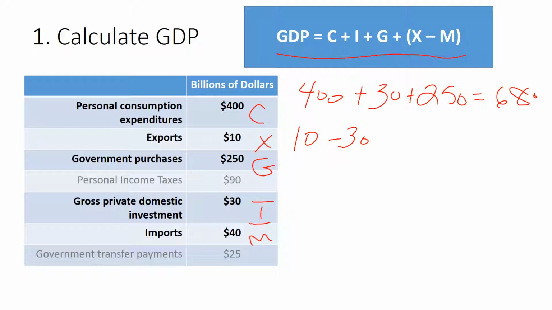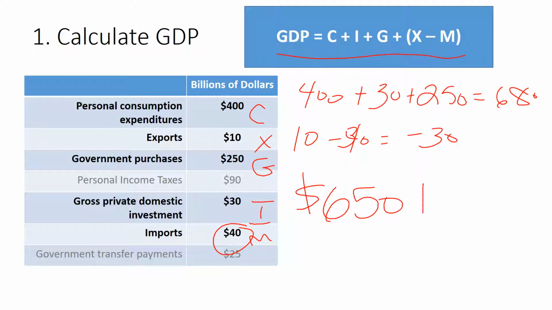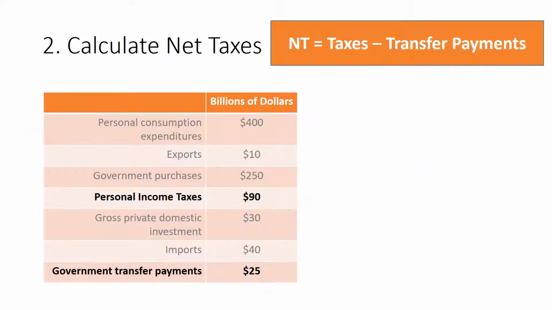Oh, sorry there, that should be a 40 here for imports, to give us minus 30. So then it's just the 680 minus the 30, and so our GDP here is $650 billion.